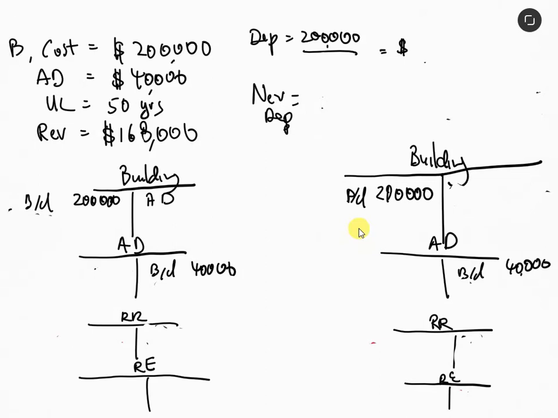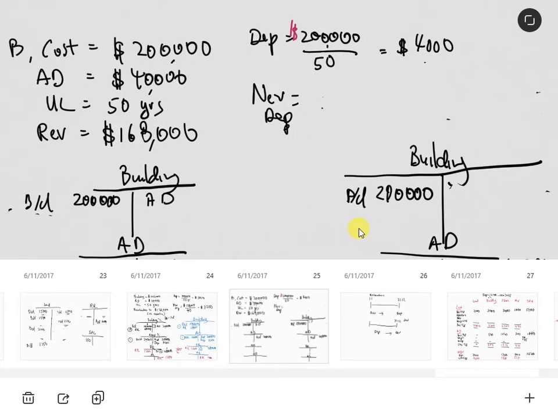Revalue by 8. How many years have I depreciated? 200,000 divided by 50 years, 1 year should be 4. My accumulated is 40, meaning I have already depreciated 10 years. Okay, left with 40 years.